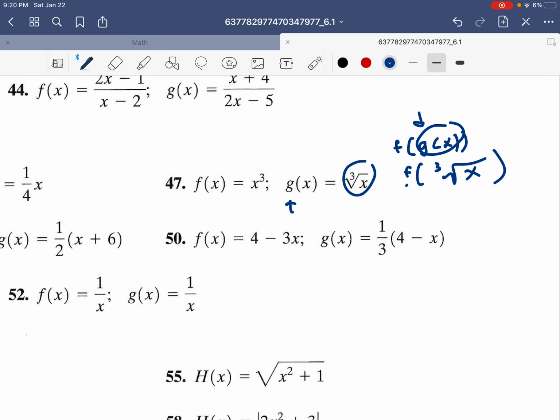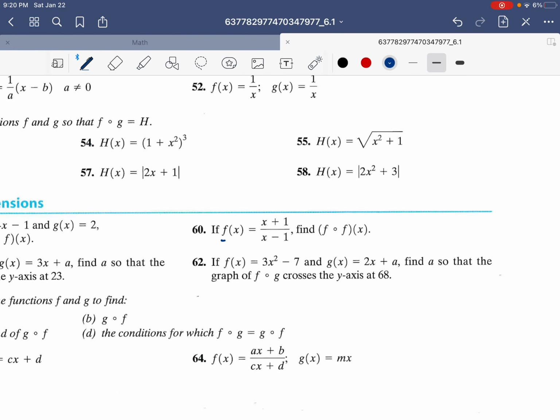And now your f, you're going to have to plug it in. Take this, plug it into there. Okay. So when you plug it in, it's literally going to cancel out. So you're just left with x, so that's also true.